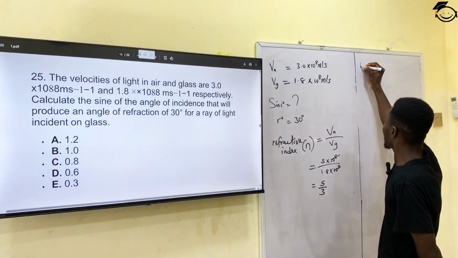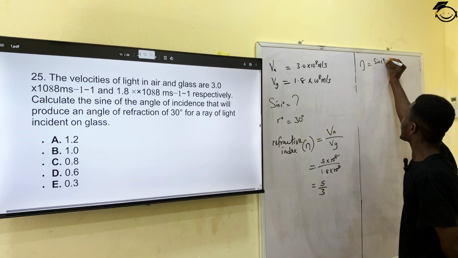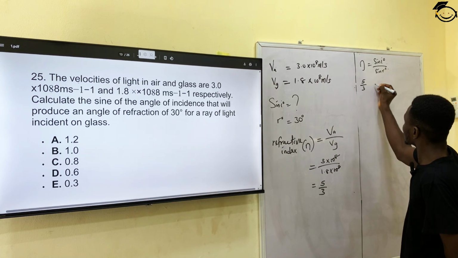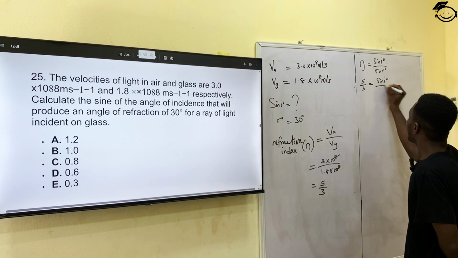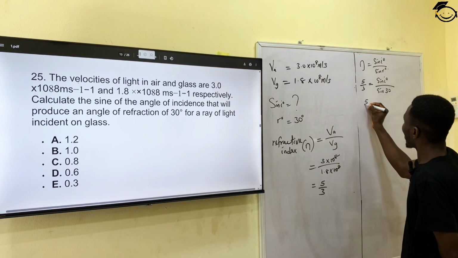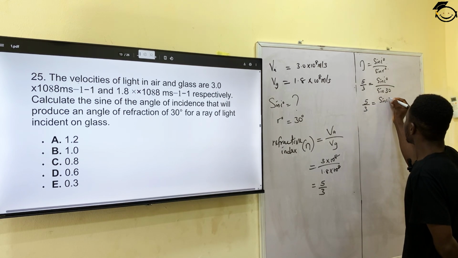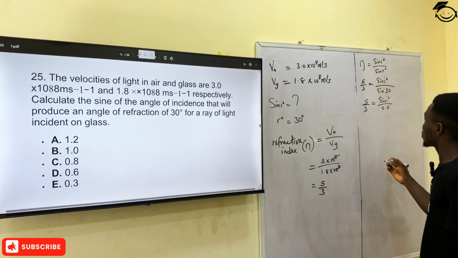And Snell's law says that our refractive index is sine of the angle of incidence over sine of the angle of refraction, which means I have 5/3 equals sine of the angle of incidence over sine 30. And this will give me 5/3 equals sine of the angle of incidence over 0.5, because sine 30 is 0.5.